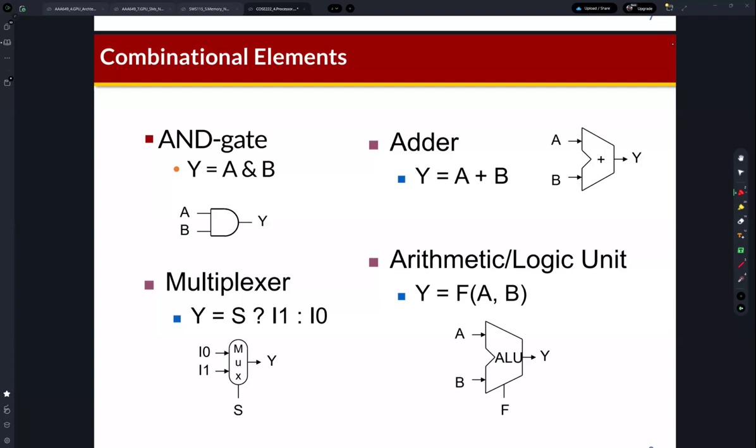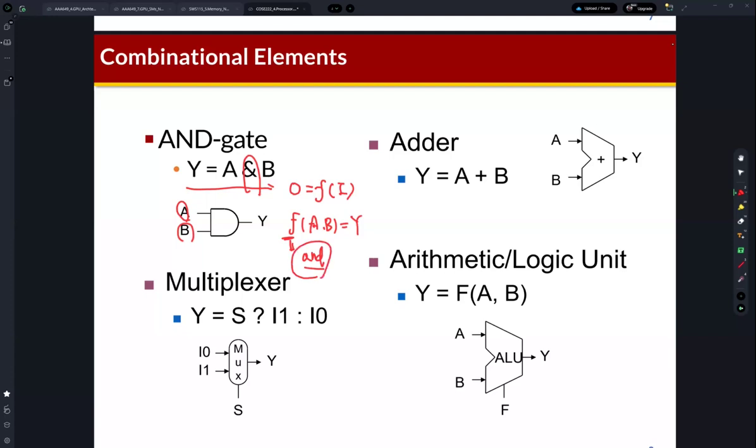As I mentioned, in this system the output is a function of the input. If you see this AND gate, the function is AND. The inputs are A and B, so F of A comma B is Y, and this function is just bitwise AND.